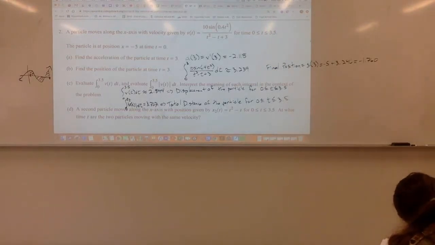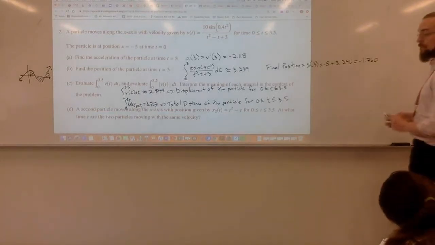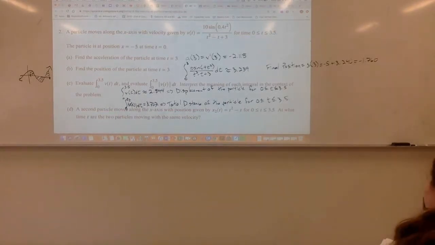So then the last part says we've got some other particle moving along the x-axis, and this time we are given a position function. We're told its position is given by t squared minus t over the same interval, 0 to 3.5. At what time are the two particles moving with the same velocity?